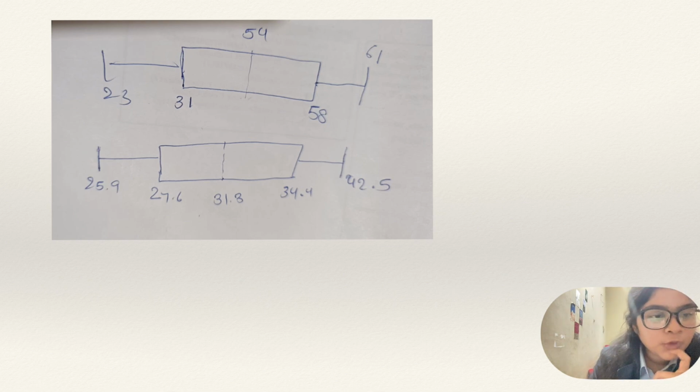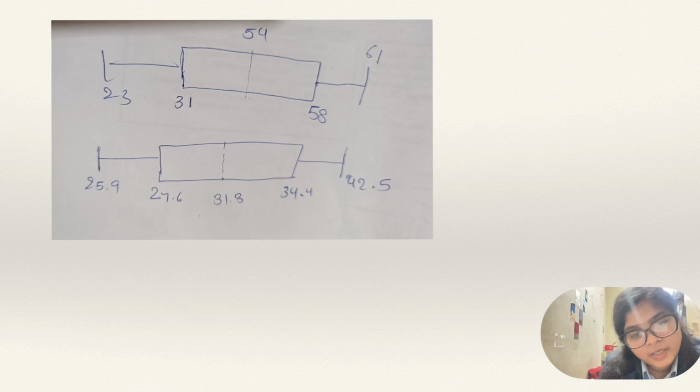In the above box plot, you can see 23 is the minimum, 31 is Q1, the first quartile, 54 is the median, 58 is Q3, and 61 is the maximum value. Here for the percentage or incident impact, we have the minimum value of 25.9, Q1 27.6, median 31.3, Q3 34.4, and the maximum 42.5.